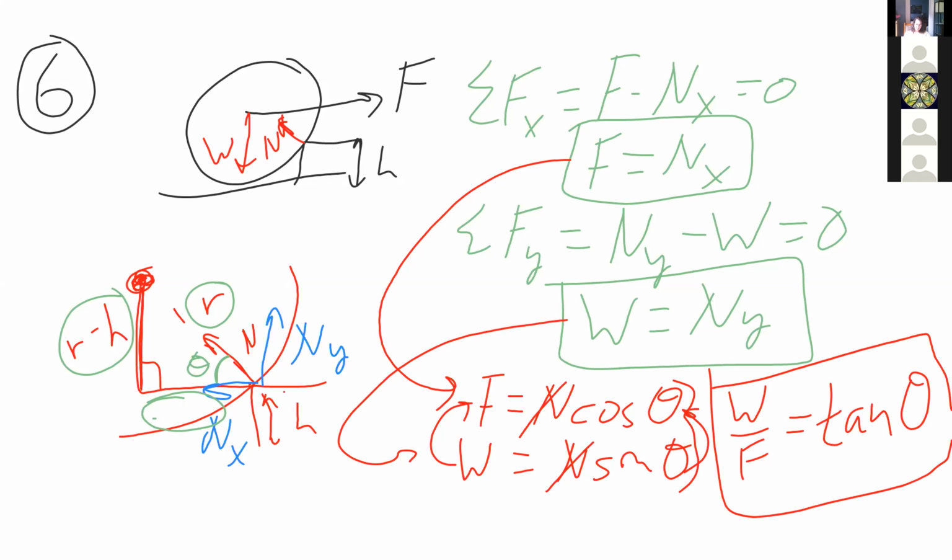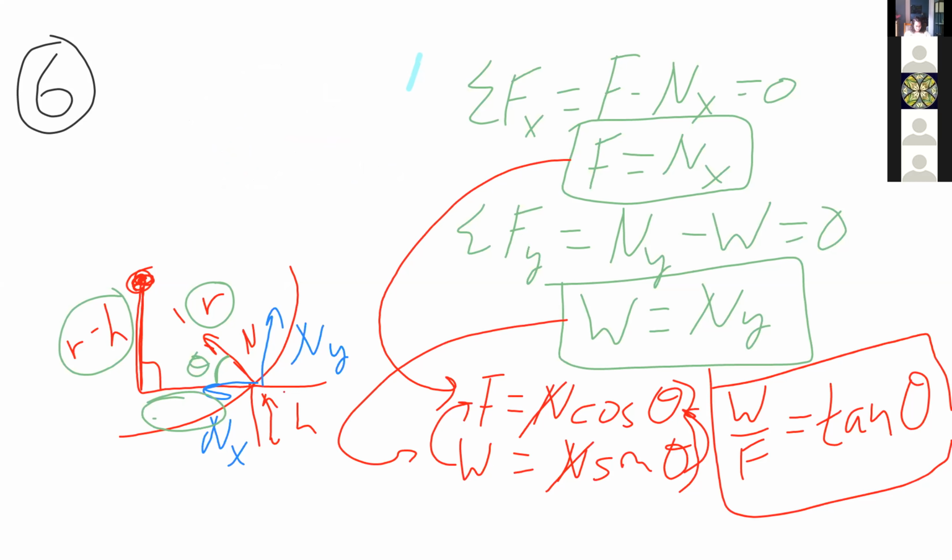So the last thing that I would need to do in order to solve for that applied force is I need to find an expression for the tangent of theta. So I'm going to clear up a little bit of space up here and redraw my triangle. Here's my angle theta. This is r.